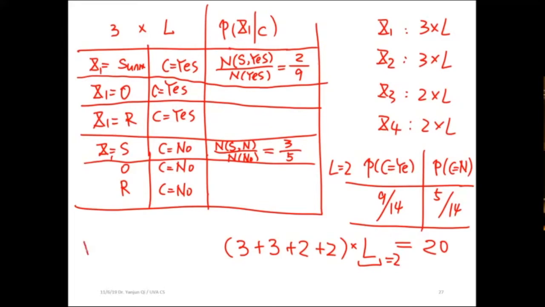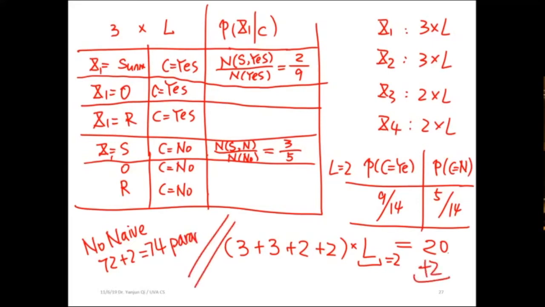That's the non-naive case: 72 plus the 2 priors, which is 74 parameters. And in this case, we have 20 plus the 2 priors, 22 parameters. So we have a much smaller number of parameters.